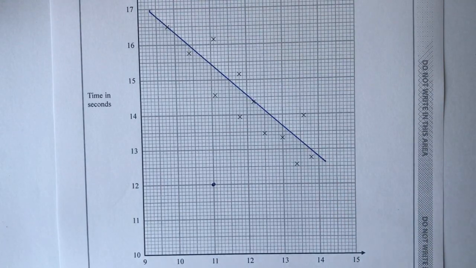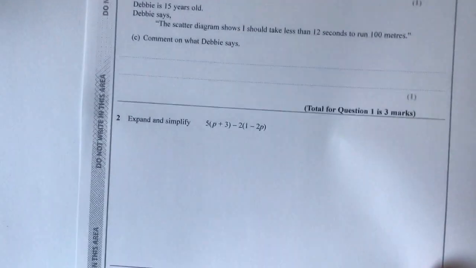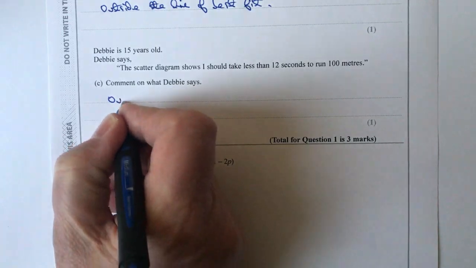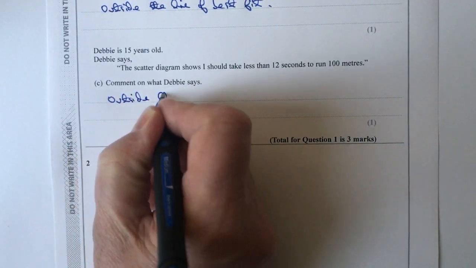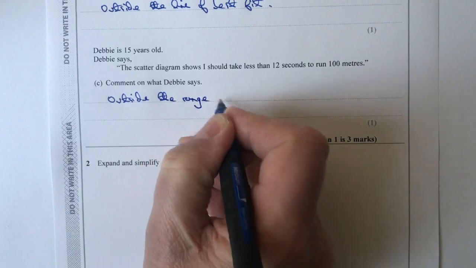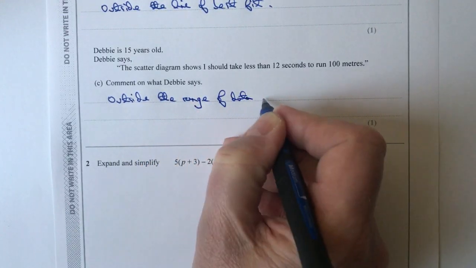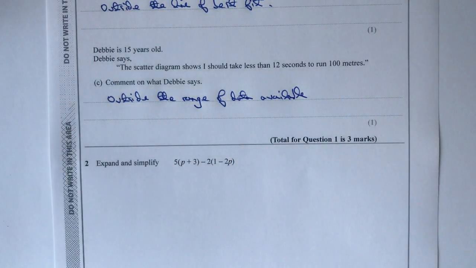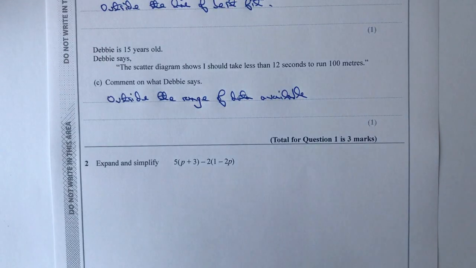That's what they want you to write. So I would say something like it's outside the range of data available. You can expand on this: the scatter graph only represents the data of 12 girls and doesn't include Debbie. But for 1 mark, I wouldn't spend a massive amount of time on that.